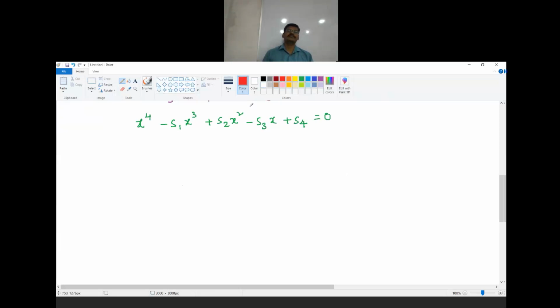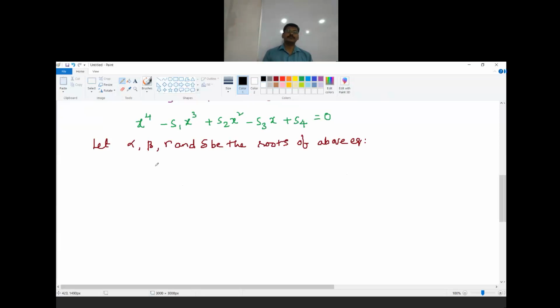This biquadratic equation will have 4 roots. Let us suppose that alpha, beta, gamma and delta are the roots of the above equation. Now let us start writing the relation between roots and coefficients.